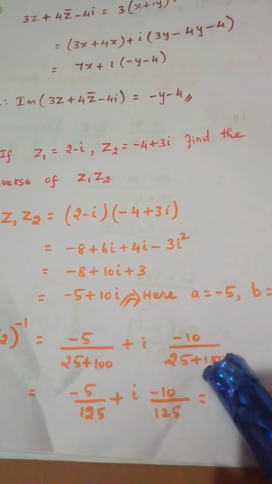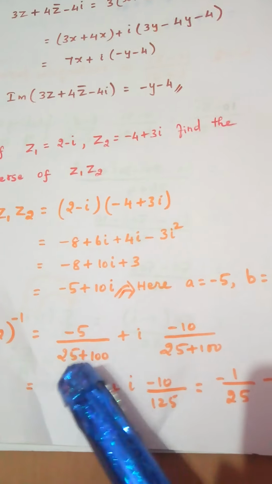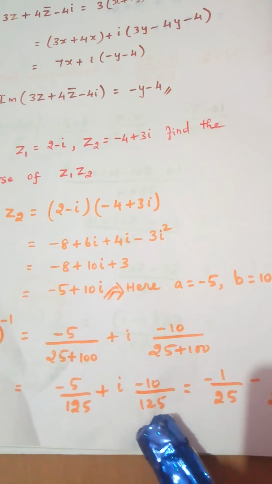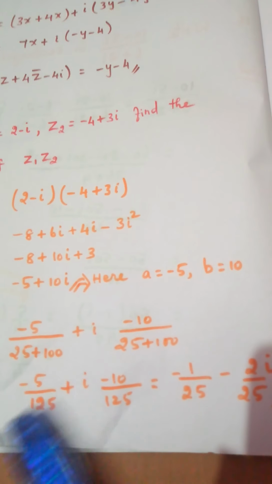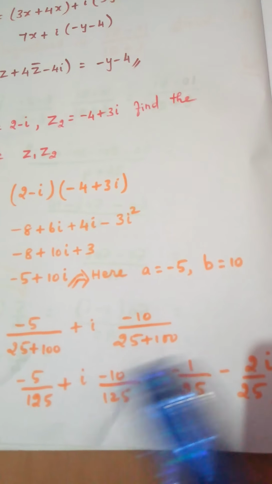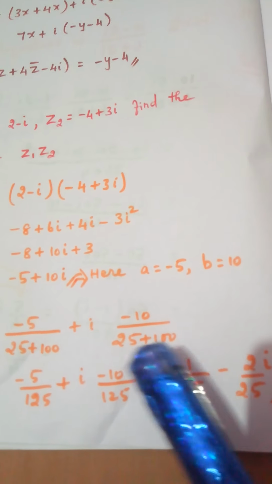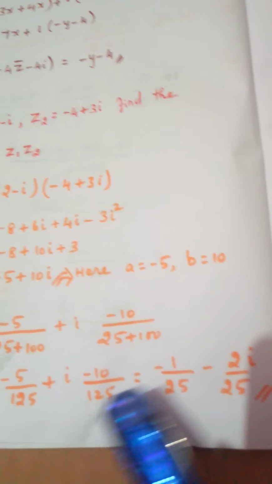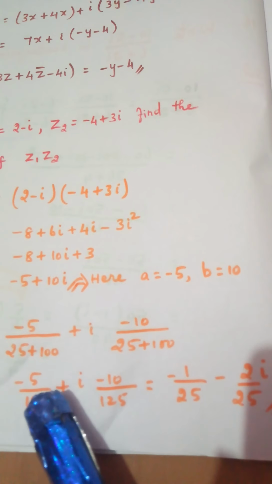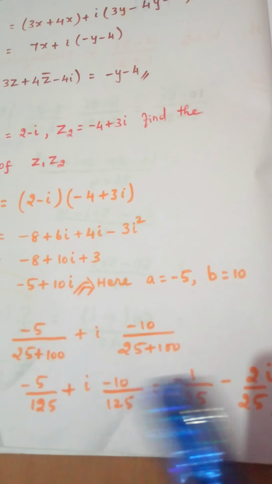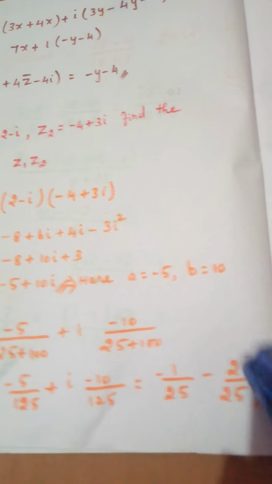I think you will understand this. So adding the denominator, 125 comes, here also 125 comes. Then we are cancelling these with the 5 table. So we are getting minus 1 by 25. Even this gets cancelled with the 5 table, so 2 by 25. Why is the minus sign here? Because plus into minus. So minus 2 by 25 i.